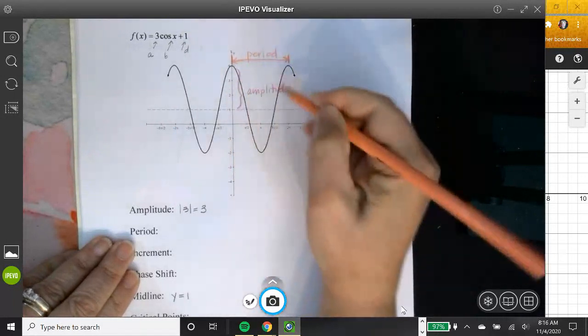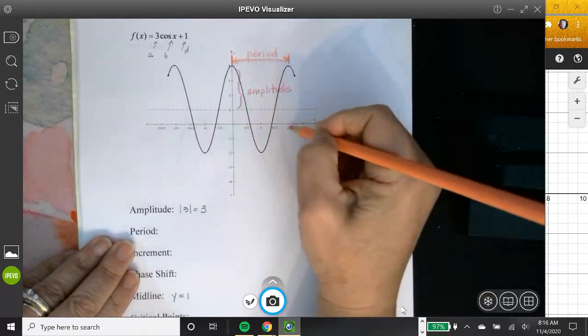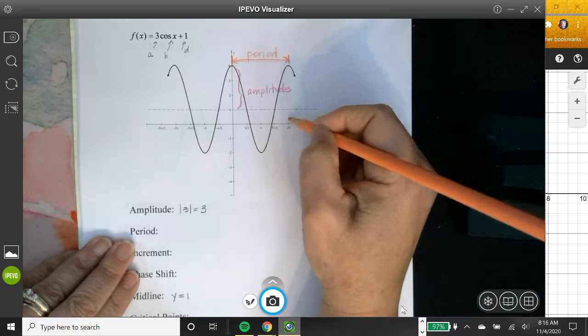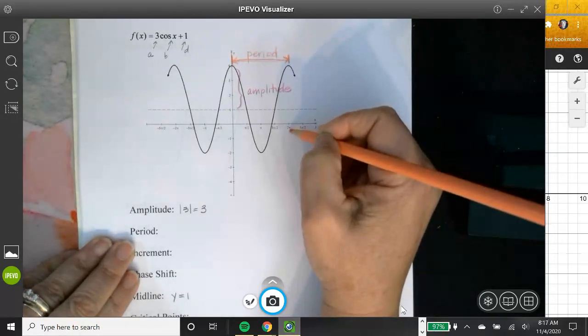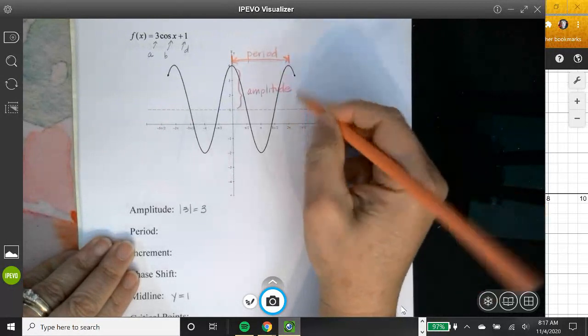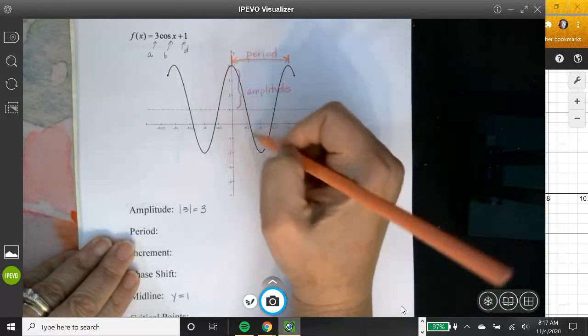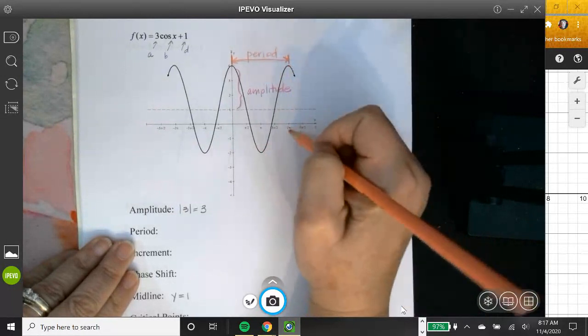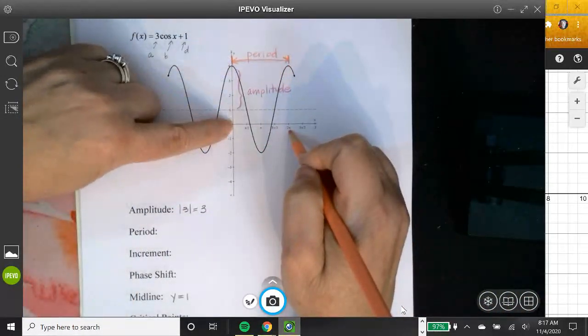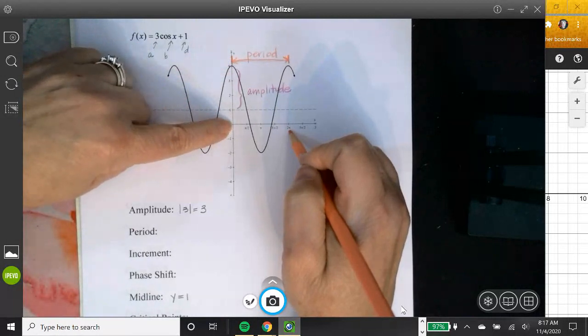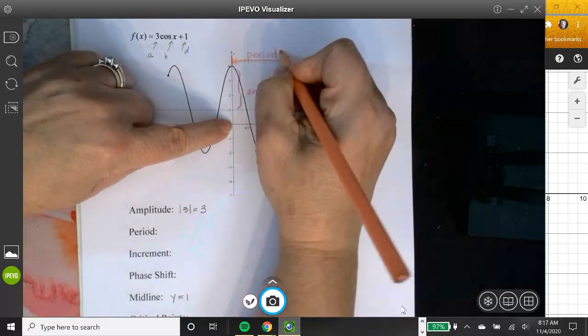And if we look at it, it's going to be from 0 to 2 pi. And how do we determine the period? You take the x where your function is ending, and it's not really ending. I hate always saying that because it goes on forever. But the cycle that you're looking at ends at 2 pi, and then you subtract where the cycle started that you're looking at, in 0. So you're going to go 2 pi minus 0. And so the period here is equal to 2 pi.